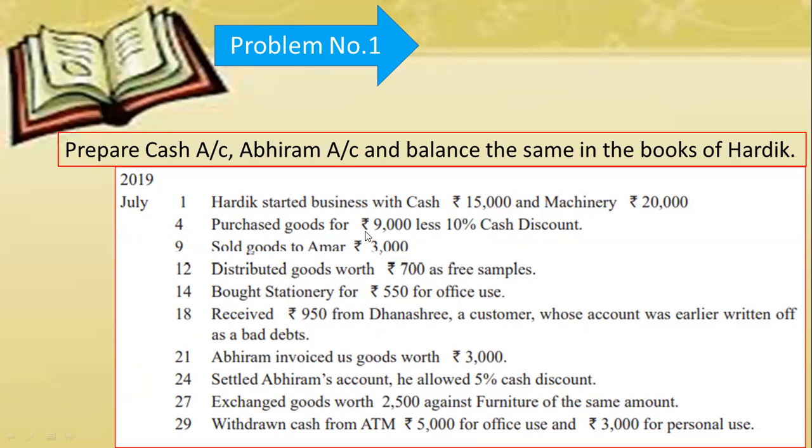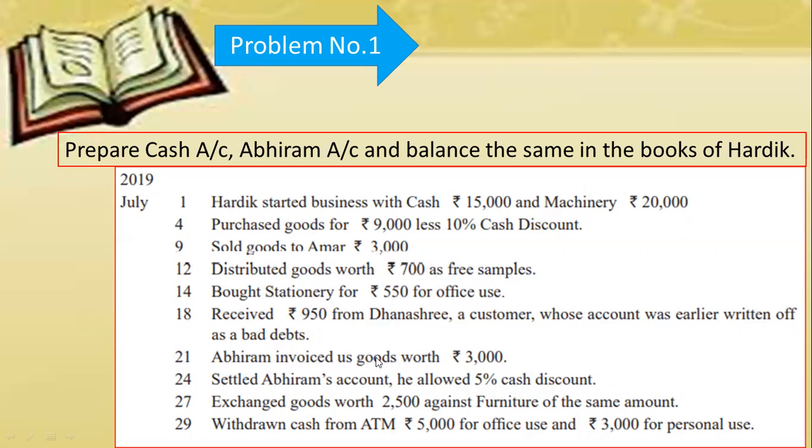Next, purchased goods for rupees 9,000 less 10% cash discount. Sold goods to Amar rupees 3,000. Distributed goods worth rupees 700 as free samples. Bought stationery for rupees 550 for office use. Received rupees 950 from Dhanashri, a customer whose account was earlier written off as bad debts.